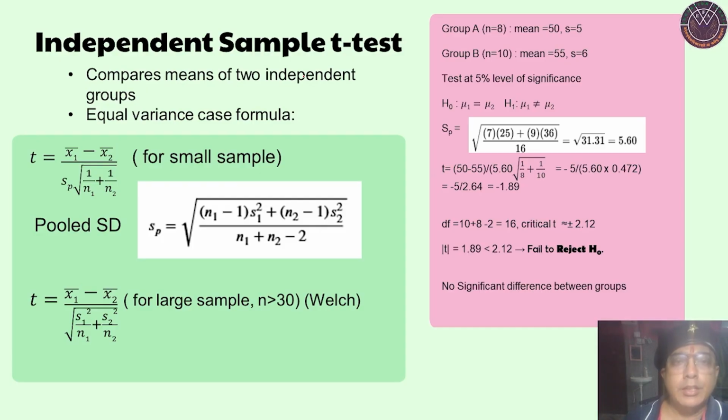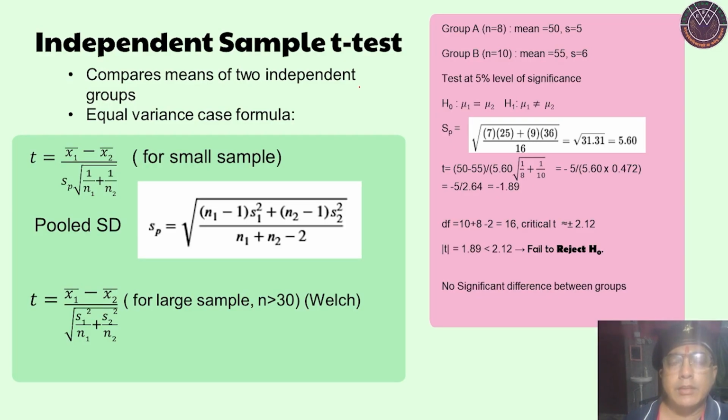I already told you that suppose you want to compare the creativity of boys and girls, whether it is significantly different or not, you have to use the independent sample t-test. Suppose you want to see that the average salary of government school teachers is more than the average salary of private school teachers, you have to use this t-test.